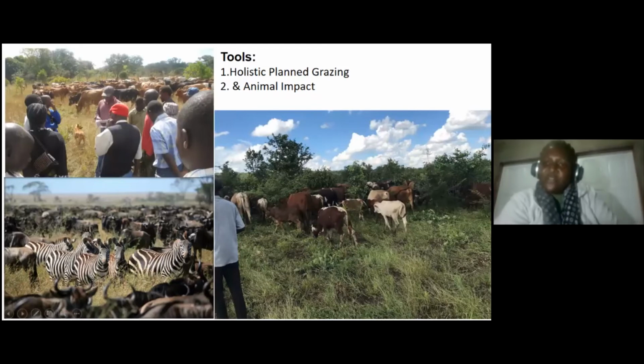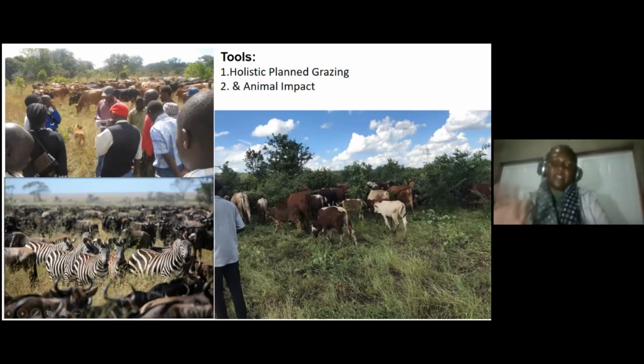I don't know if it's clear for you guys. So we are mimicking the wild herbivores in the African rangelands, but just using our livestock and the human herd effect so that humans and their dogs can keep moving their cattle on the land to get this kind of impact that will keep the living systems rejuvenated on the soil, dunging, urination.